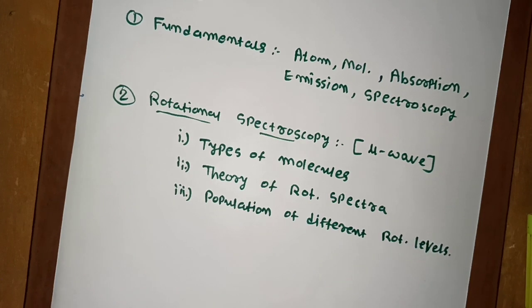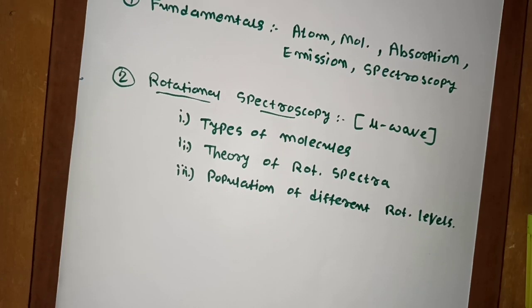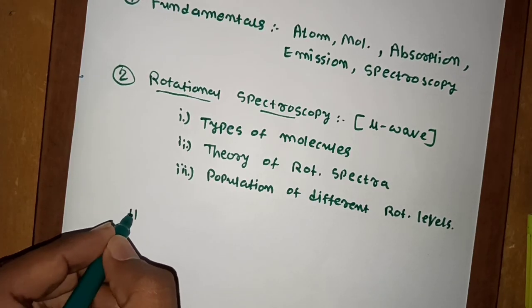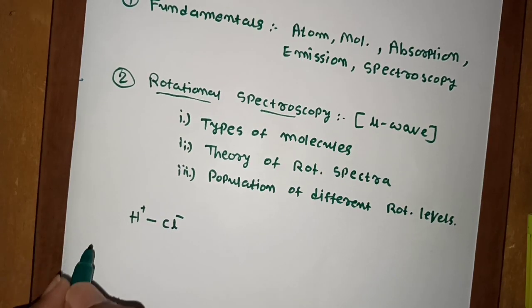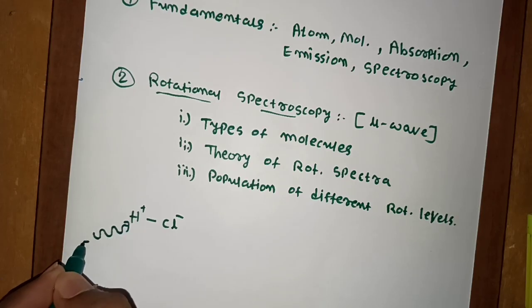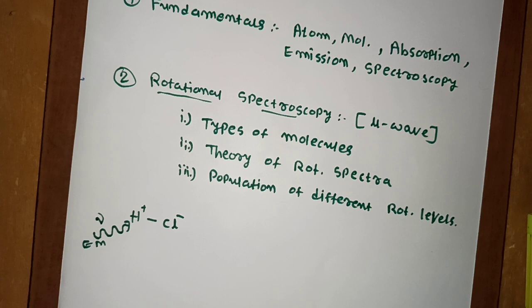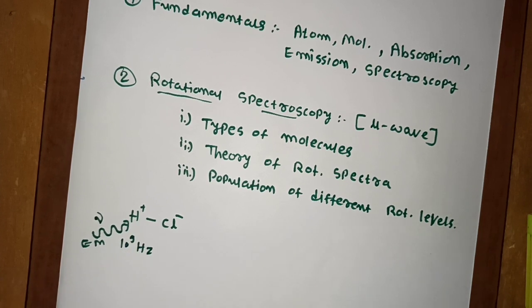Okay. Now I'm going to discuss the classical explanation of rotational spectroscopy. So suppose I have a molecule which is HCl, with H plus and Cl minus. If I shine a photon, or an electromagnetic radiation, with frequency mu, for example 10^9 Hz.